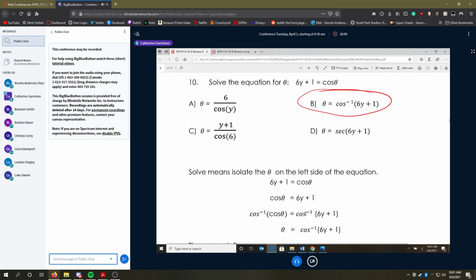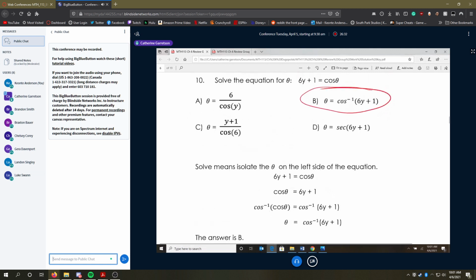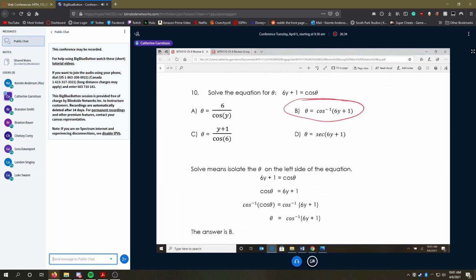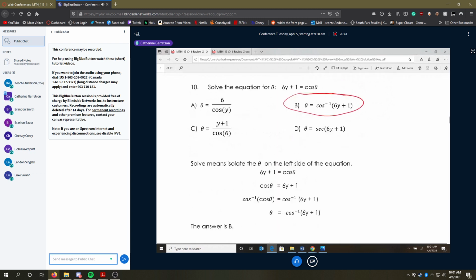Now I'm going to take the inverse cosine of the entire left side and of the entire right side. That cancels out the cosine, and now theta has been isolated. It is the inverse cosine of 6y plus 1. Now, it didn't ask me to solve it or anything like that. It just asked me to isolate it. By saying solve, it means isolate.